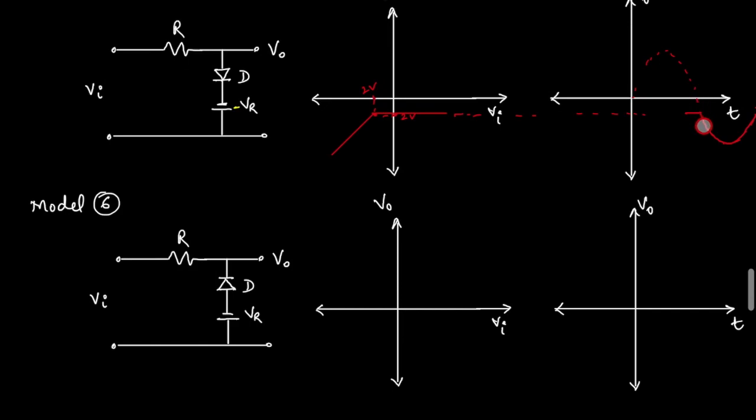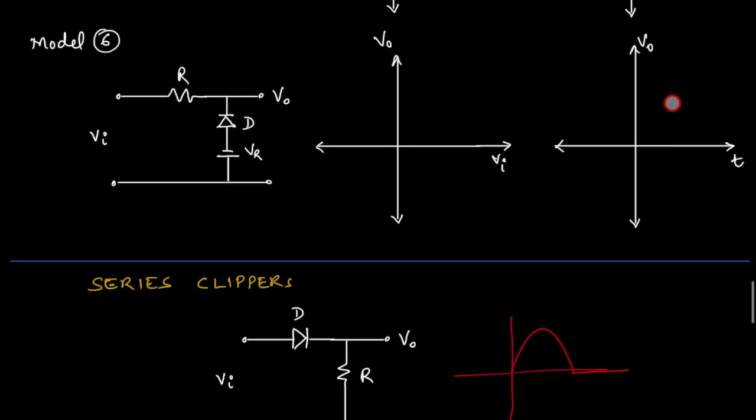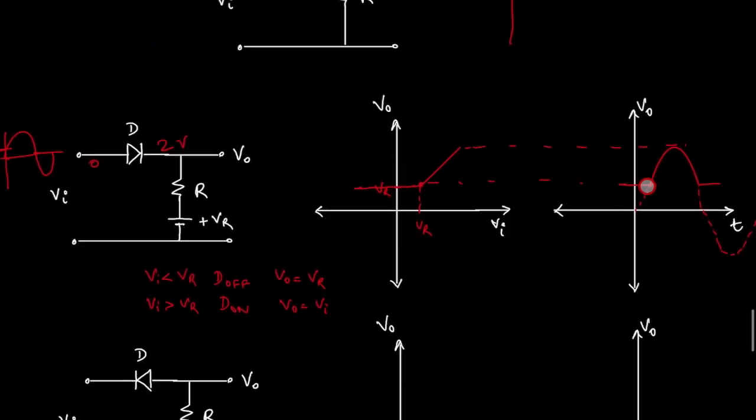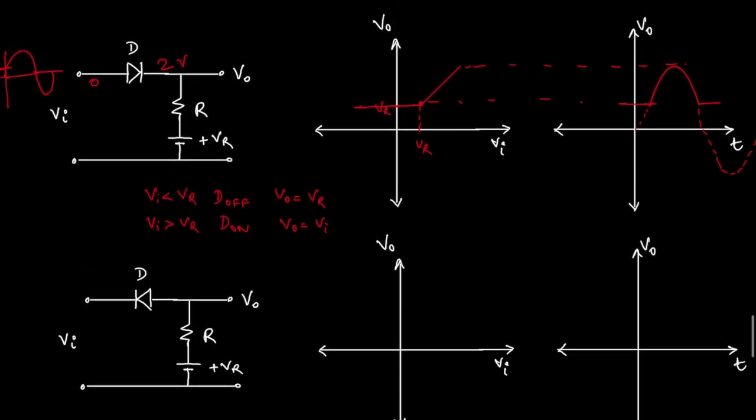If it becomes 3, it goes still further down. So this is why it is called clipping circuits. Now we'll analyze the next model. The more models we analyze, the more confident we become on this topic. That is the reason why I'm covering most of the types of circuits.